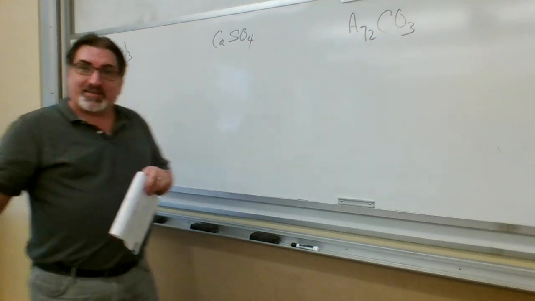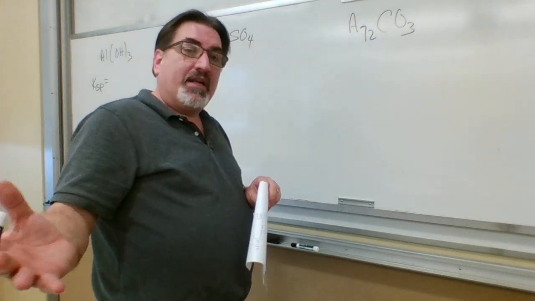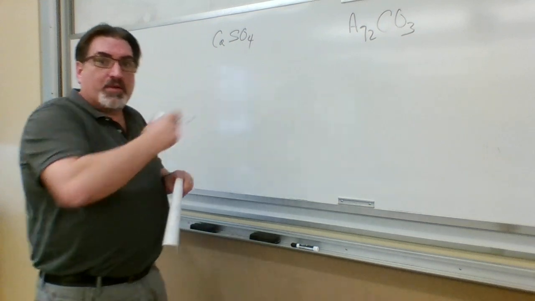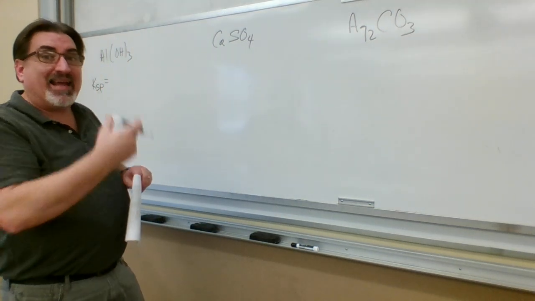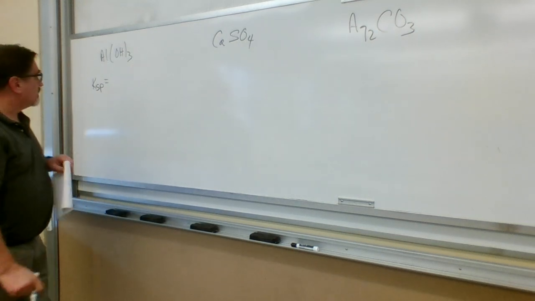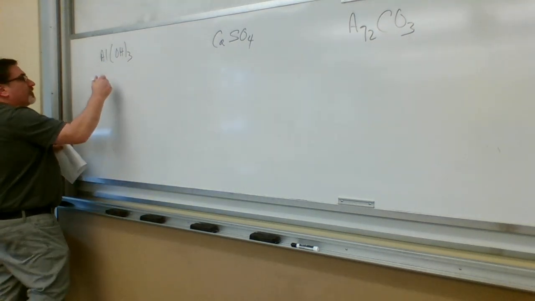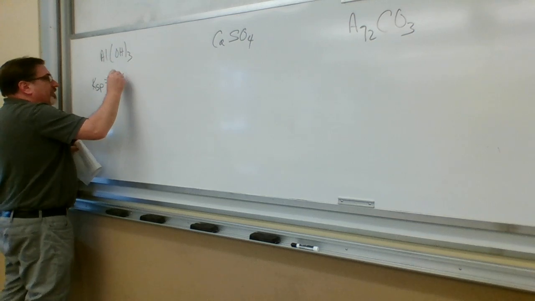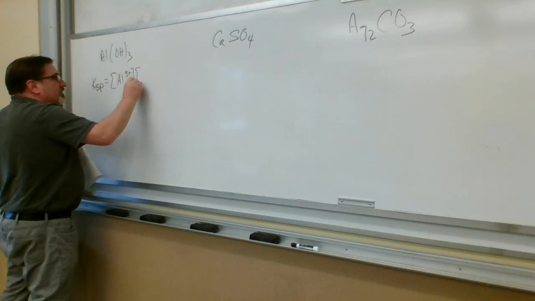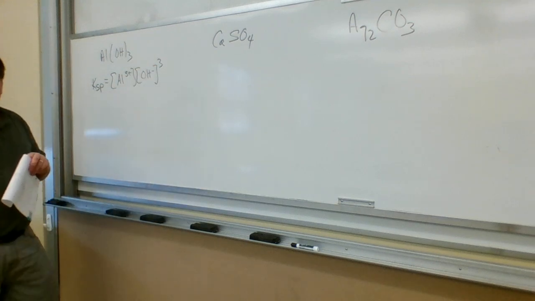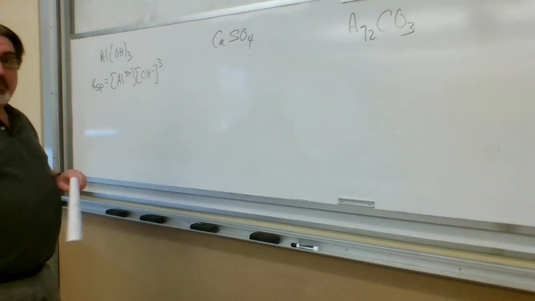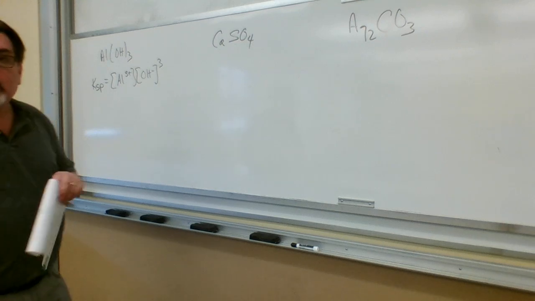And if you look back at the last video, if you need to, we wrote up the equation, and those coefficients that were subscripts in our compound became the exponents. So the KSP for Al(OH)3 will be the concentration of Al3+ times OH- to the 3rd power. That's the KSP expression for aluminum hydroxide.